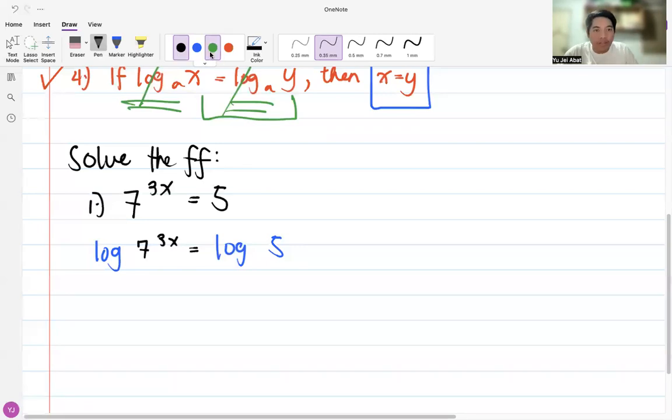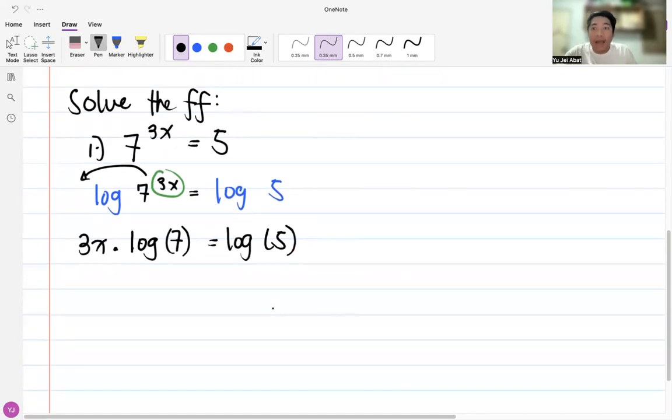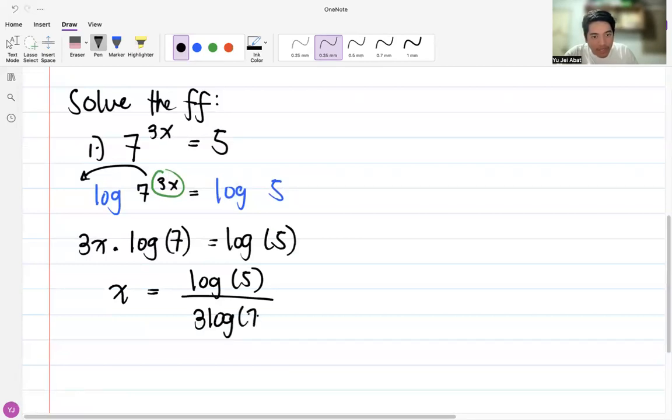Using the properties, as you can see, this is an exponent, so we can rewrite this as 3x multiplied by log of 7 equals log of 5. We are now able to isolate the value of x. So x becomes the logarithm of 5 all over 3 times the logarithm of 7.